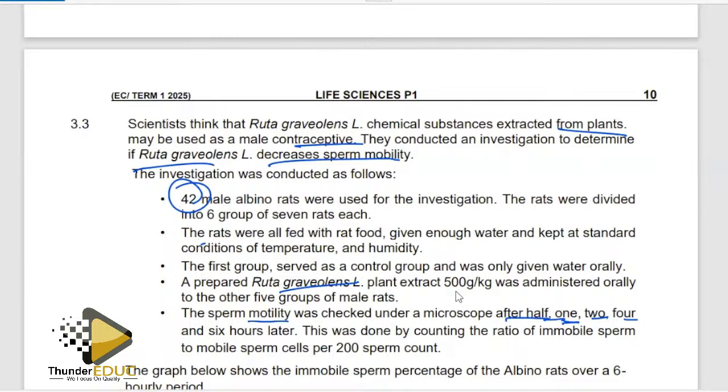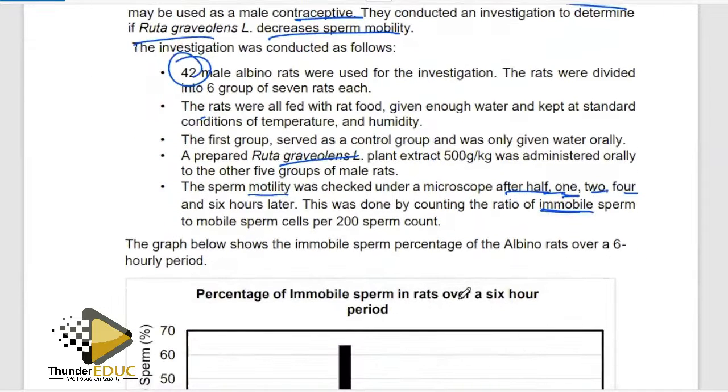This was done by counting the ratio of immobile sperms, you see, to mobile sperm cells per 200 sperm count. Meaning that the graph below shows the mobility of sperms.